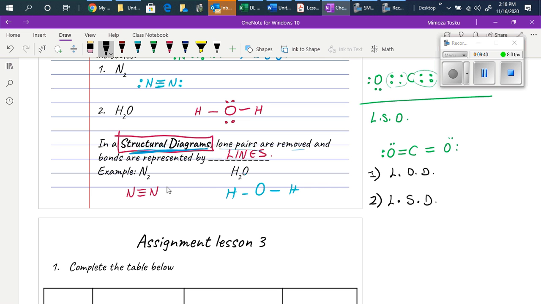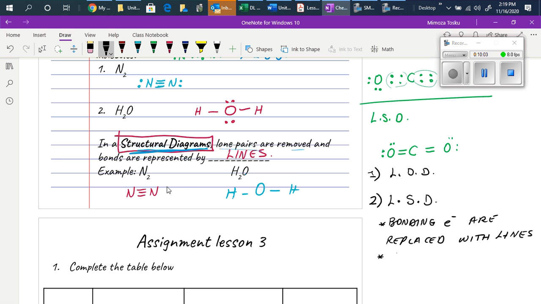In the Lewis structural diagram, the bonding electrons are replaced with lines.